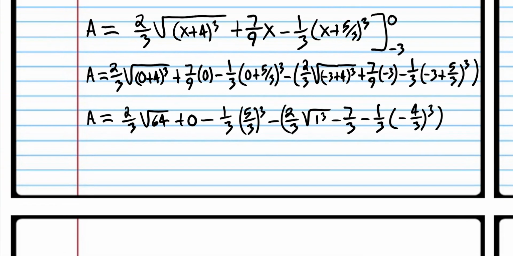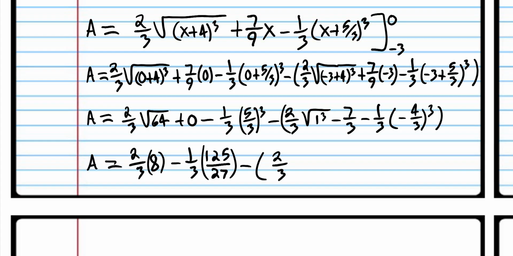Or -4/3 to the third power. And we have 2/3 times 8 minus 1/3 times 125 over 27 minus 2/3 times the square root of 1, and so on and so forth. This is going to be -64 over 27, and obviously we're out of room.